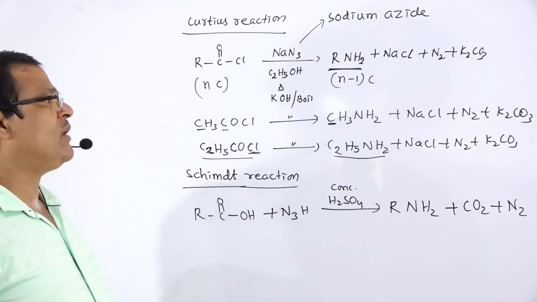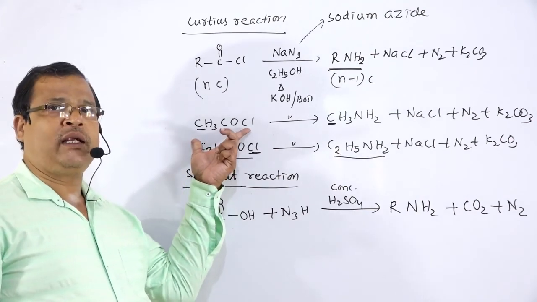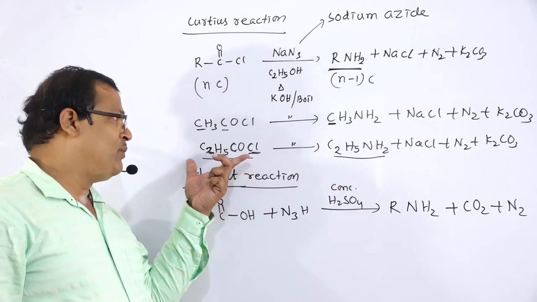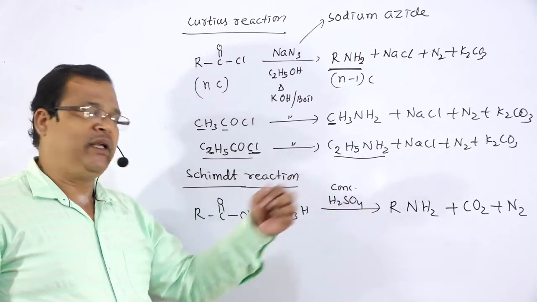That reaction is known as the Curtius reaction. If we take acetyl chloride, we get methylamine; if we take propanoyl chloride, we get ethylamine.